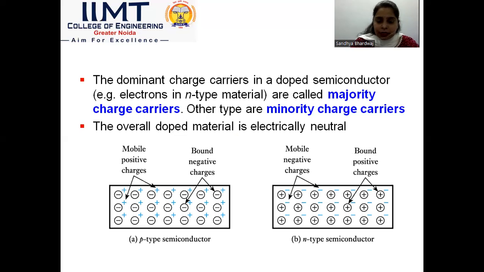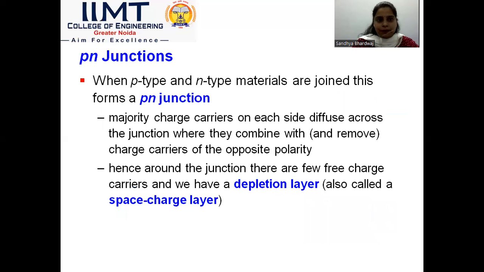Vice versa, in N-type, electrons are majority charge carriers and holes are minority charge carriers. The overall doped material is electrically neutral. As shown in the figure, in P-type there are mobile positive charges and bound negative charges, and in N-type semiconductor, mobile negative charges and bound positive charges.